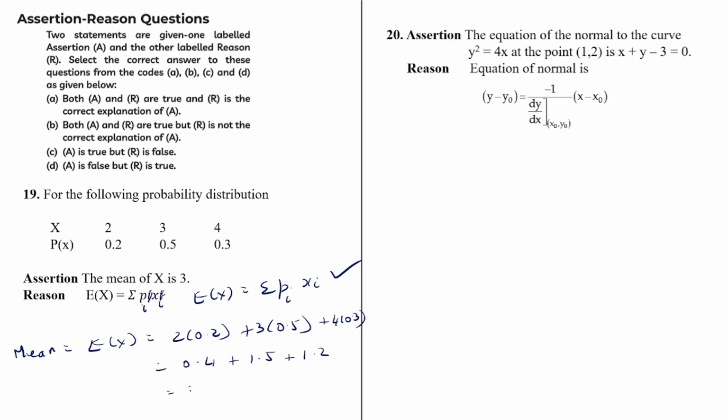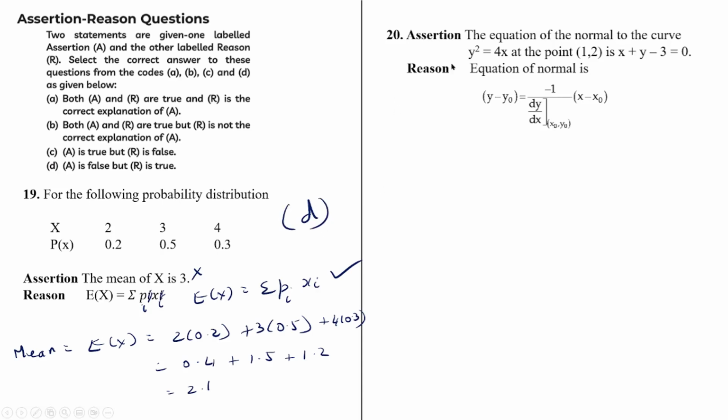So the answer is coming as 2.1. Here we can see that the reason is true, but the assertion is false. The assertion is not true because the mean of X is coming as 2.1. So here A is false but R is true. The correct option is option D. So the answer for this is option D.